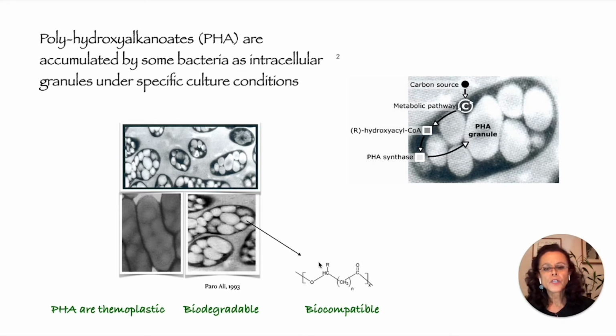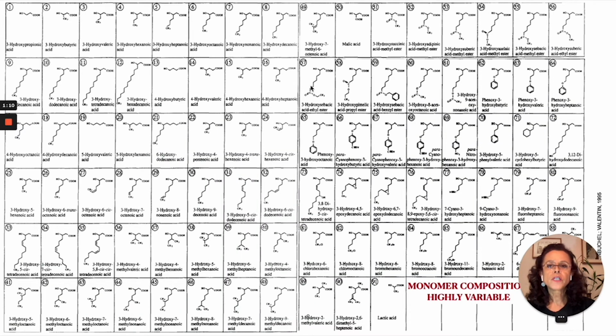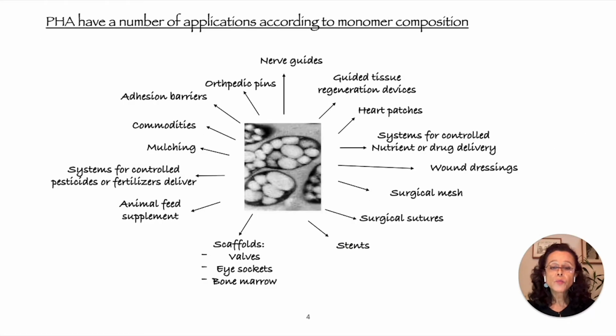And here we can see the general structure. It is a polyester, of course, and these substituents can vary. A number of substituents have been described in the literature, showing that the monomer composition can be highly variable. And this is very important because of its applications.